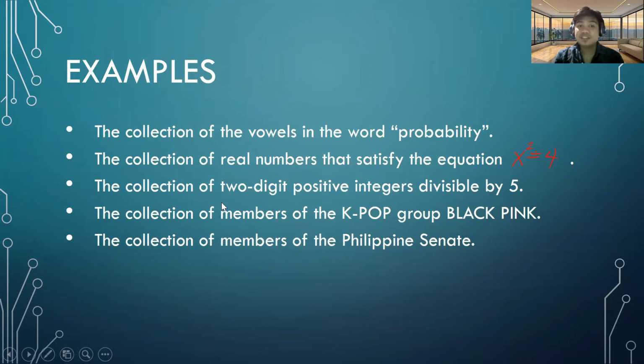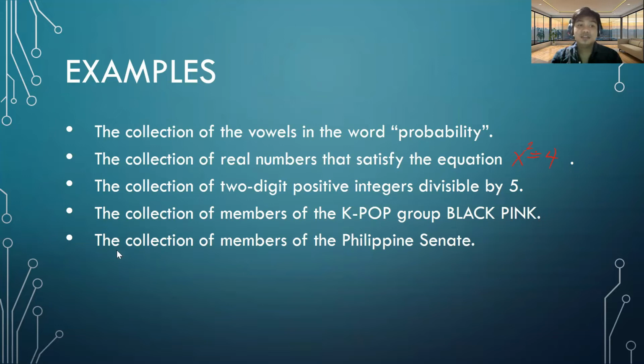Next, the collection of two-digit positive integers divisible by 5. So, we know na yung mga two-digit positive integers are 10, 15, 20, 25, 30 hanggang sa 95. Kasi dito sabi, it's a two-digit positive integer. Next, the collection of members of K-pop group, Blackpink.